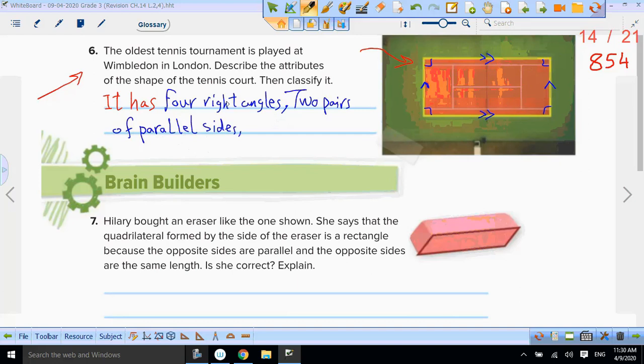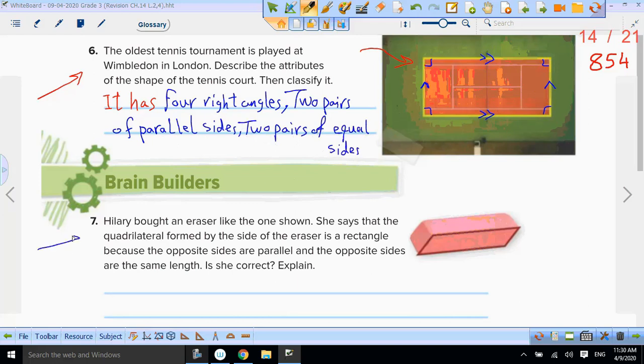Okay, these are the right angles and parallel sides. For the sides which are equal in length, each 2 opposite sides are equal in length. So it has 2 pairs of equal sides in length.